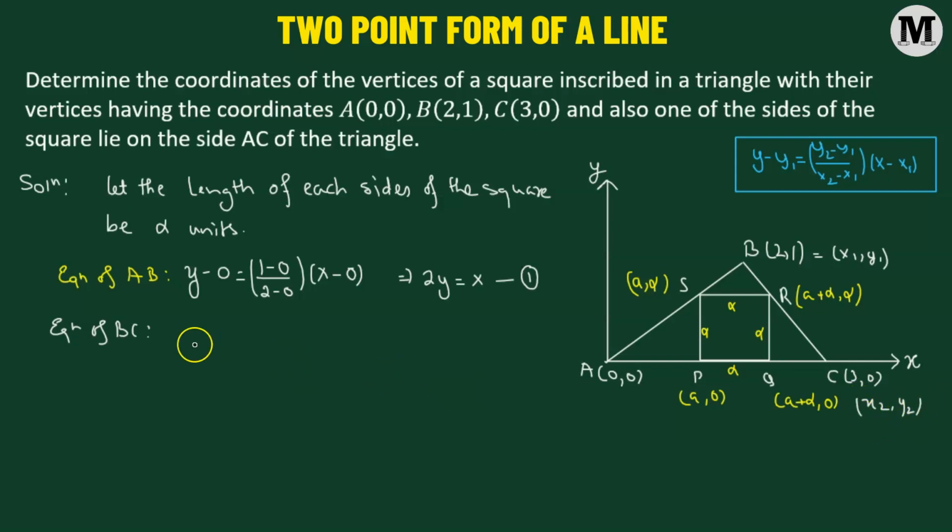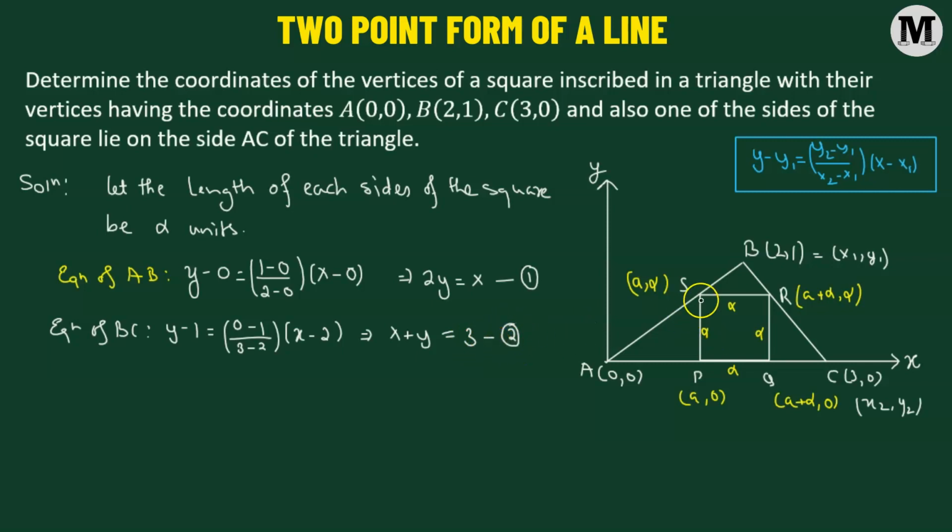So we have y minus y1, where y1 is the y coordinate of point B, that's 1, equals y2 minus y1, so that's 0 minus 1, divided by the difference of the x coordinates, so that's 3 minus 2. This will get multiplied by x minus x1, where x1 here is 2. So solving this equation, we're going to get x plus y equals 3. So that's the second equation.